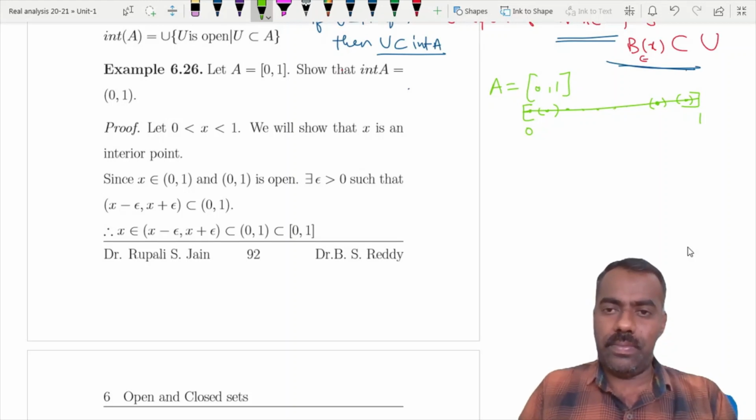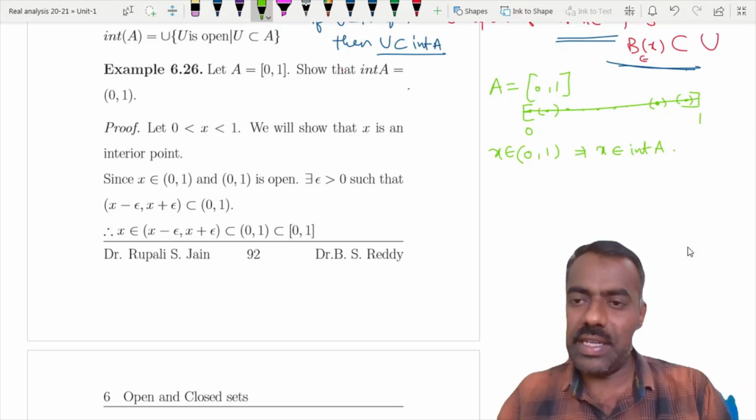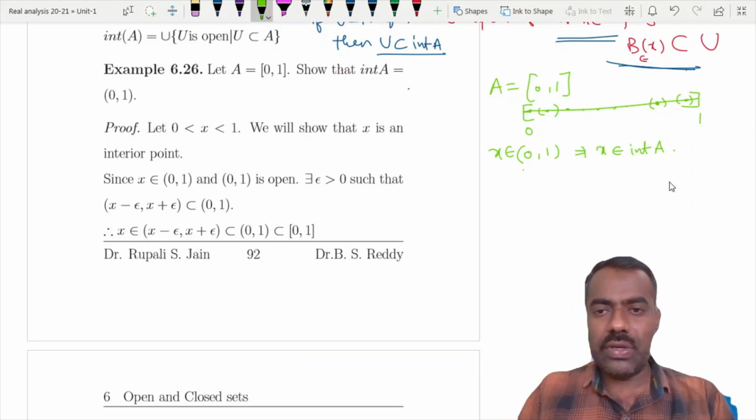Okay, so in fact if you take any element X of the open interval (0, 1), then we can show that this X is an interior point. Why? It is very clear, because the open interval (0, 1) is an open set, and X belongs to it, so there exists a ball around X contained in it.